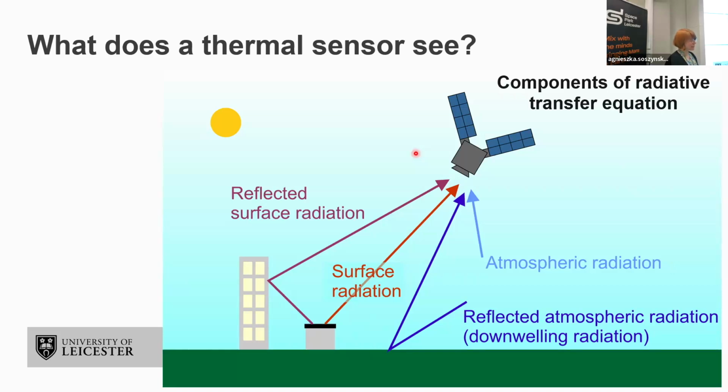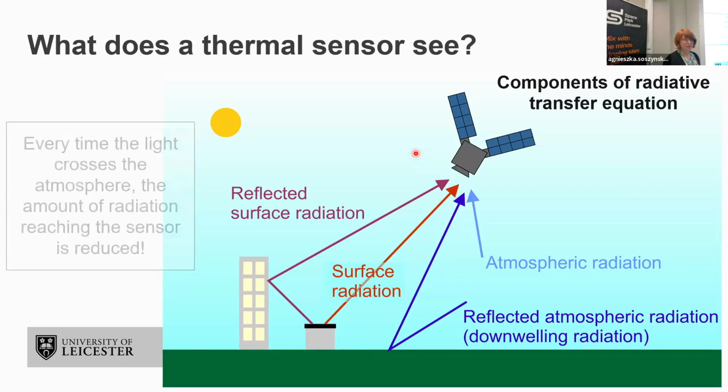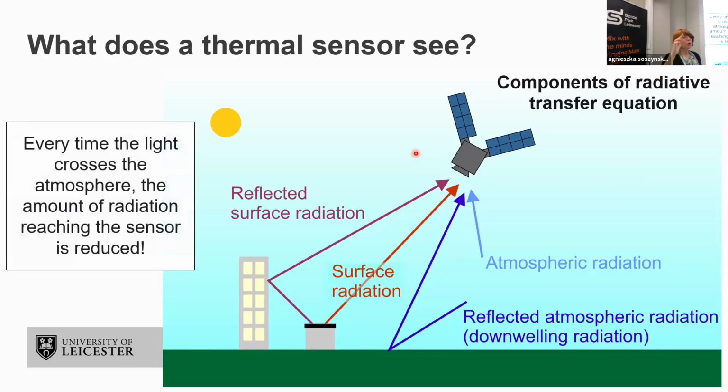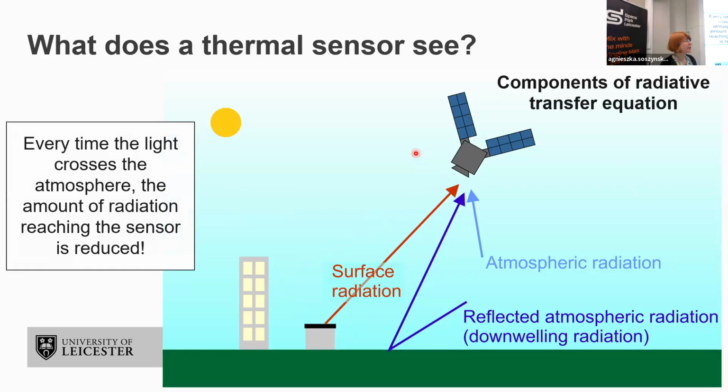Some of those components are less relevant because every time the signal crosses the atmosphere, the overall amount of radiation will be smaller. So we tend to forget some of them, or we accept not accounting for them because they can be too complex to account for in the first place if we don't have information about the digital elevation model.